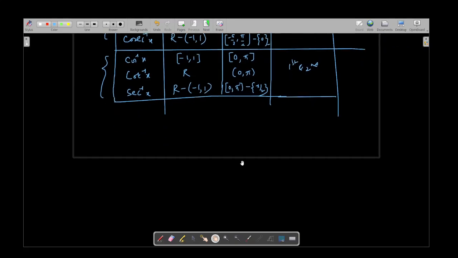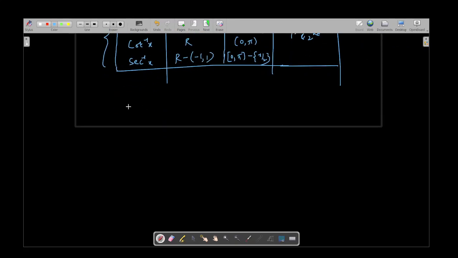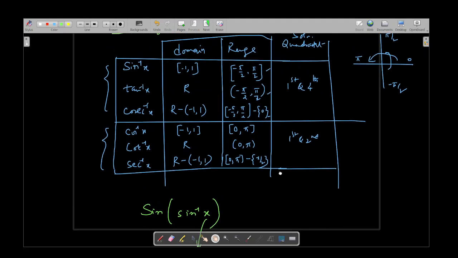Finally, we discuss one more concept. If I have sine inverse of x, here this x can take values between -1 to 1, because sine inverse of x exists between -1 to 1.